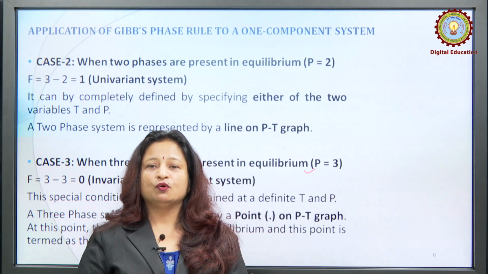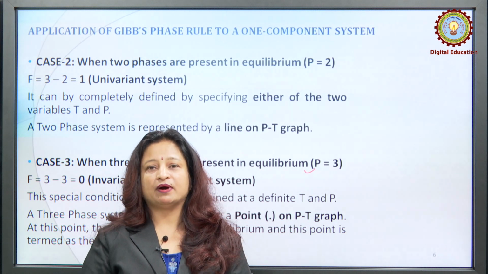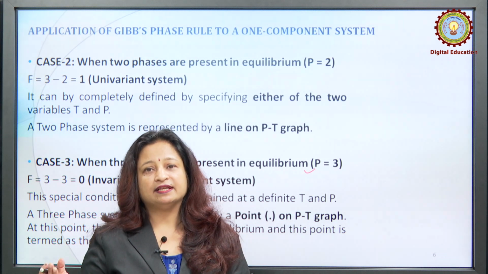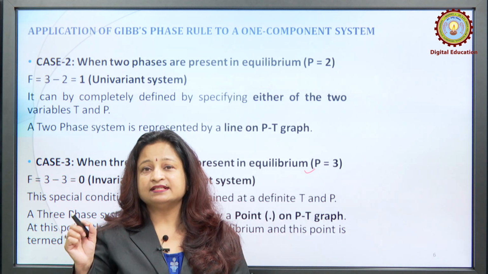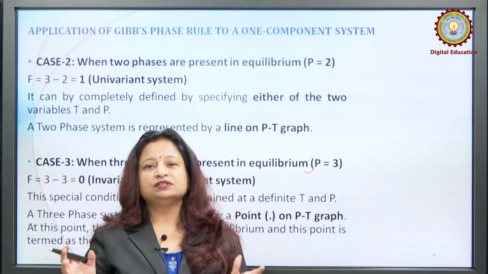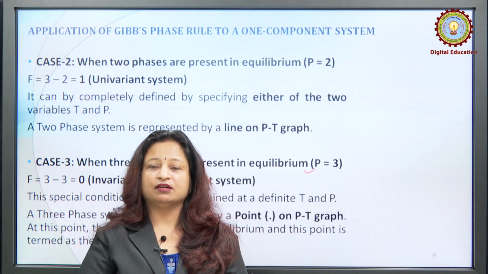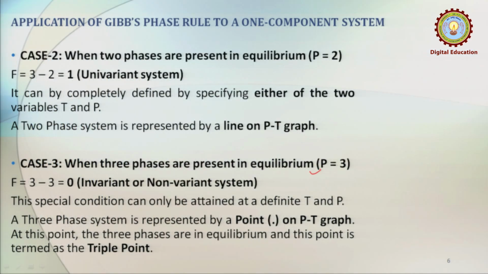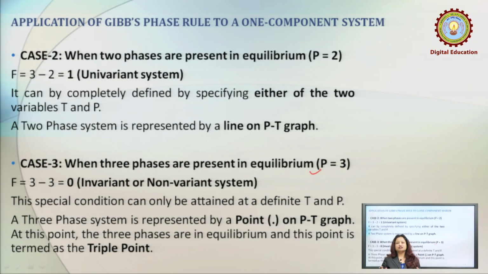No variable factor will be required to be specified in order to define the system completely, and that is the triple point where all the 3 phases coexist, they are in equilibrium with one another. So you can see that this special condition can only be attained at a definite temperature and pressure. So a 3-phase system is represented by a point, the triple point, in a pressure temperature graph, in a phase diagram of a one component system.